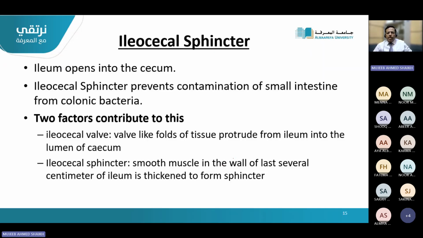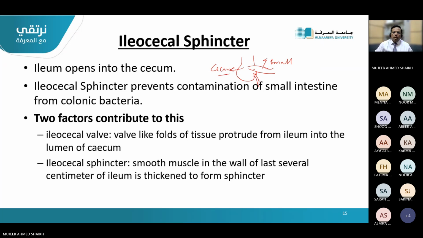Okay, so from here, the small intestine will open into the large intestine. And this is occurring through a specific area that is called ileocecal valve. Okay, this is small intestine, and this is cecum, and this one is the appendix.